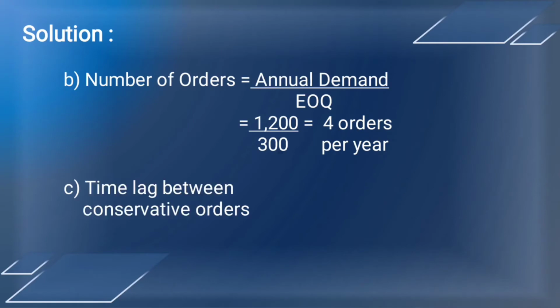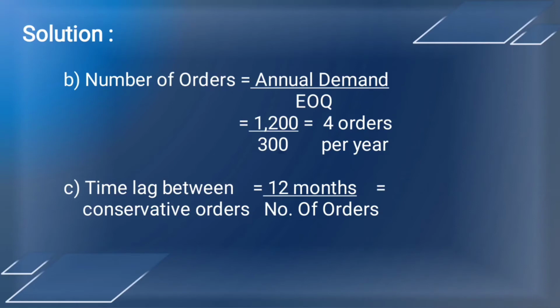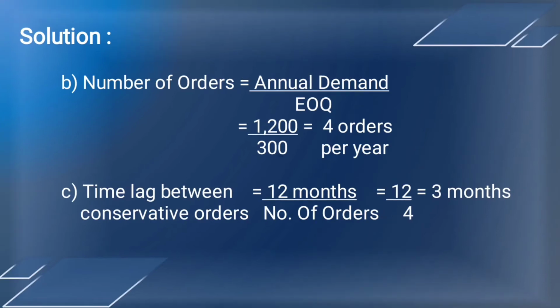Part C, time lag between consecutive orders, which will be equal to 12 months divided by number of orders, which will be equal to 12 divided by 4, which will be equal to 3 months. So the time lag between two consecutive orders is 3 months.